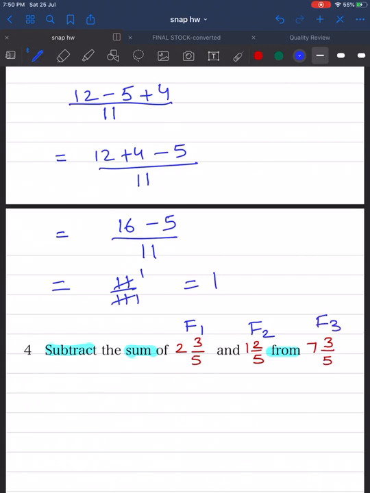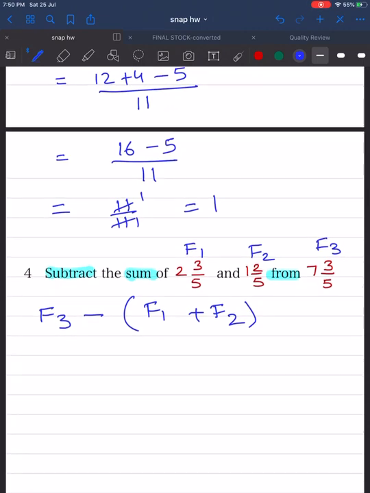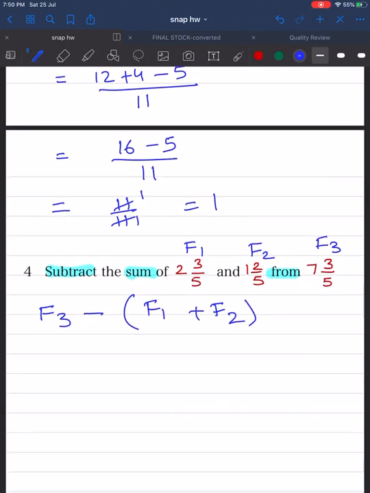Now first let's name them as fraction 1, fraction 2 and fraction 3. Now since there is written from, so first we have to write third fraction. Now we have to subtract, so we put subtraction sign and then we have to add first fraction and the second fraction. So let's put the values.